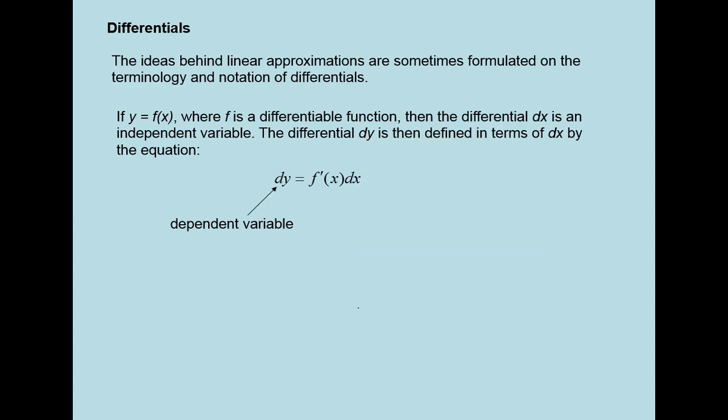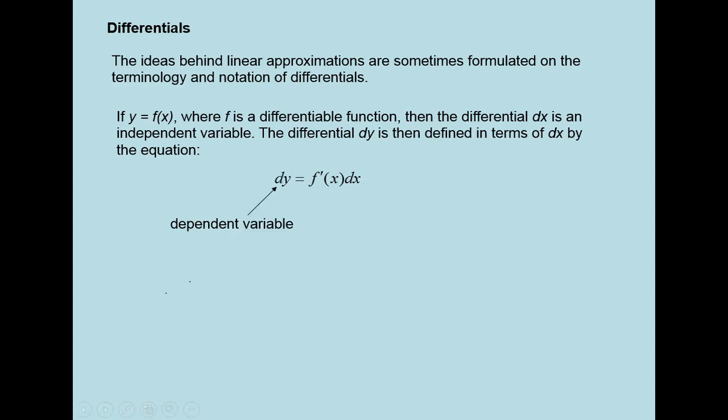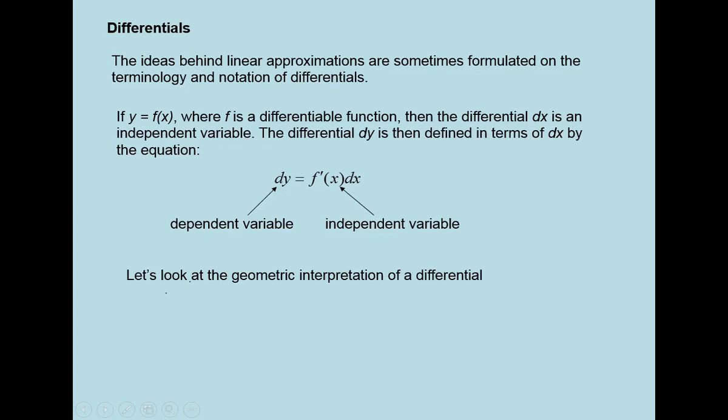So we have a dependent variable, and we said we have an independent variable. And we're going to look at this differential and the linearization geometrically to see how they're connected.